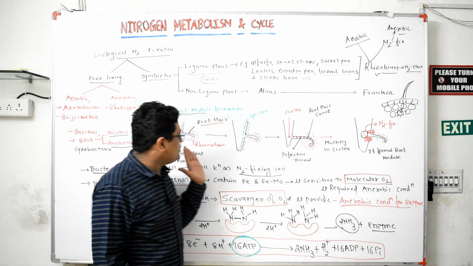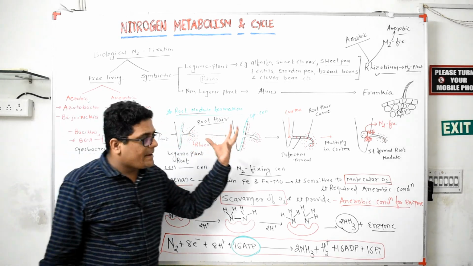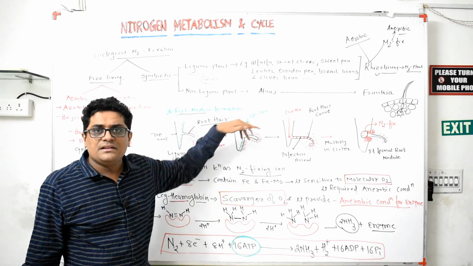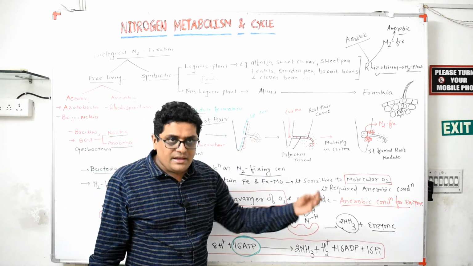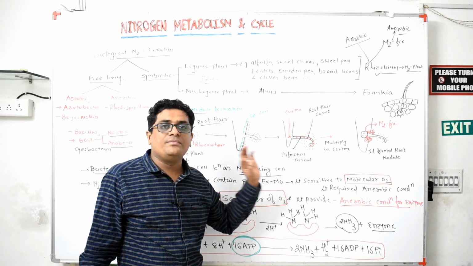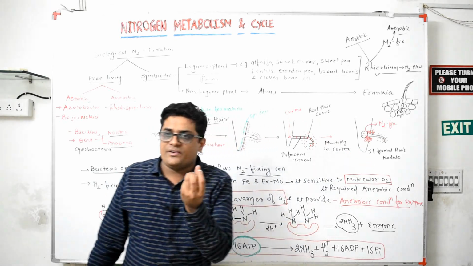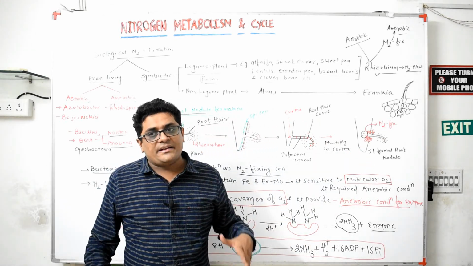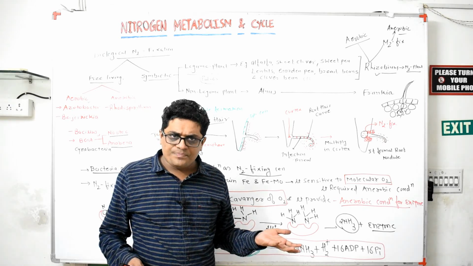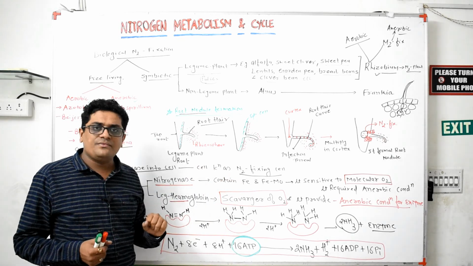Root nodule formation: in the first step the rhizosphere is formed. In the second step the bacteria surround the root hair and the epidermal cell. In the third step the root hair gets curled and the bacteria enter into the root hair and form the infection thread. In the fourth step the infection thread releases the bacteria, which multiply and form nodules or tumor-like structures. The bacteria are released into the cell and the cell is known as the nitrogen fixing cell.